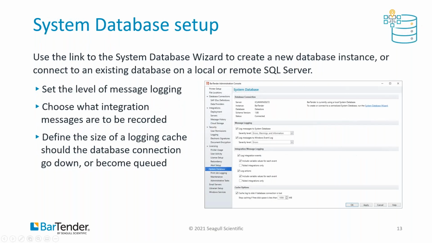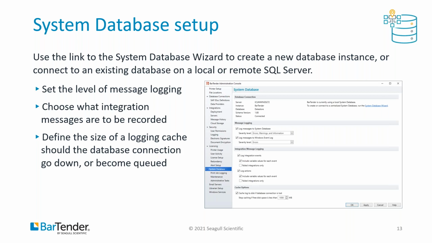So the system database setup. To access or to start this, you need to go to the administration console. So that's one of the applications of the BarTender software. Select the system database section, as you see there in the graphic below.